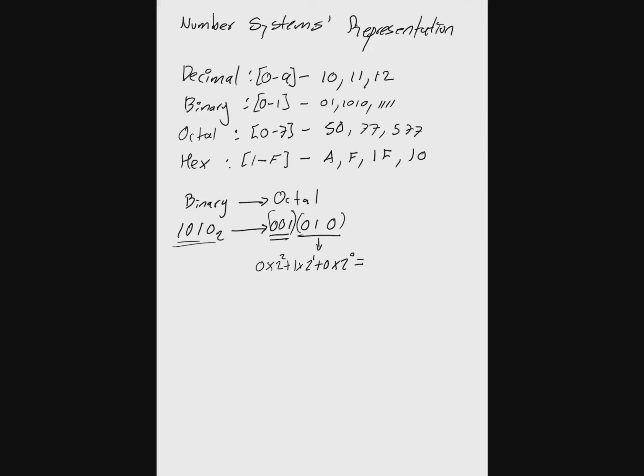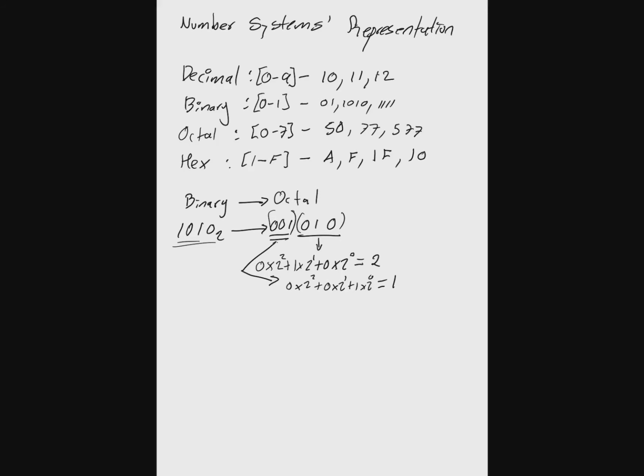It's 2. Right. So what about this guy here? Well, this guy here is just 0 times 2 to the 2 plus 0 times 2 to the 1 plus 1 times 2 to the 0. And this number is just 1.